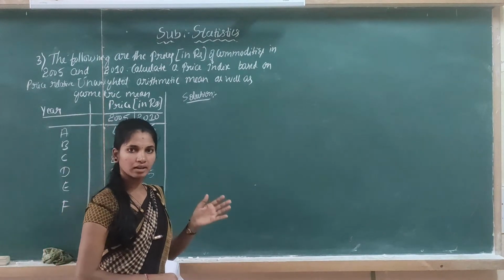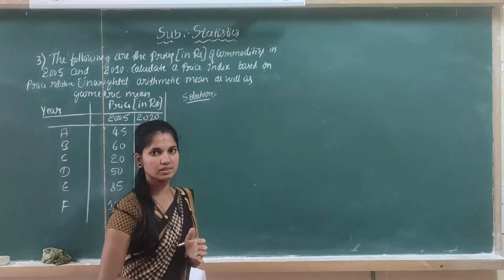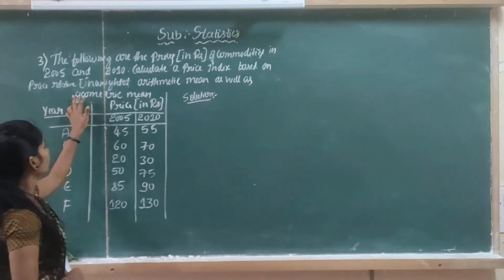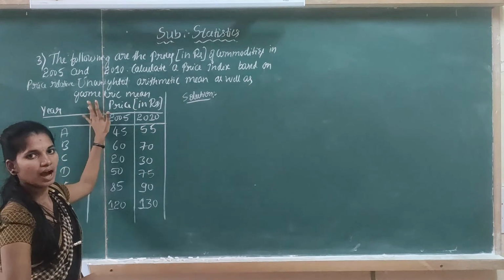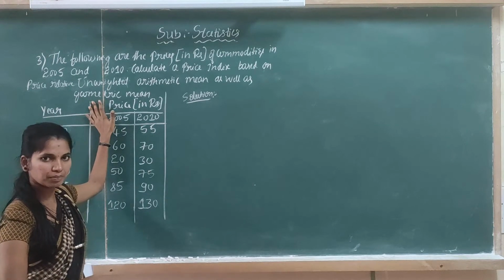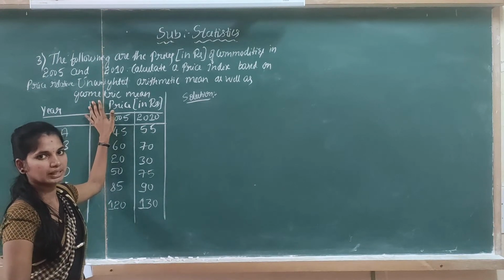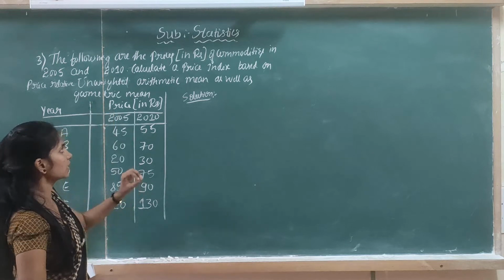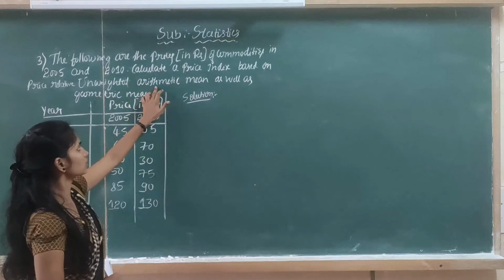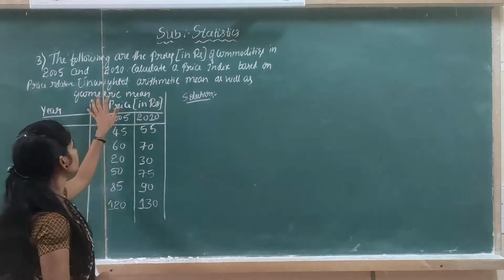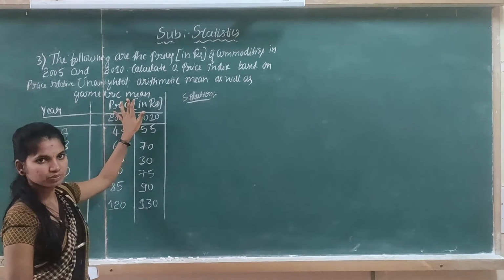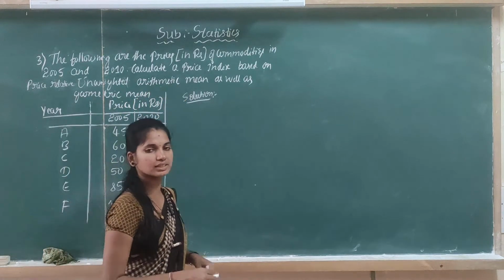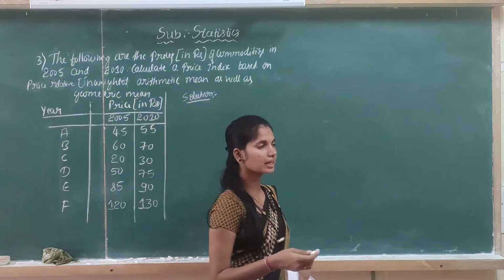In the unweighted price index numbers, another type is the unweighted average price relative or simple average price relative method. In the simple average price relative method, there are two methods, arithmetic mean and geometric mean. So what is the formula for the unweighted or simple arithmetic mean?